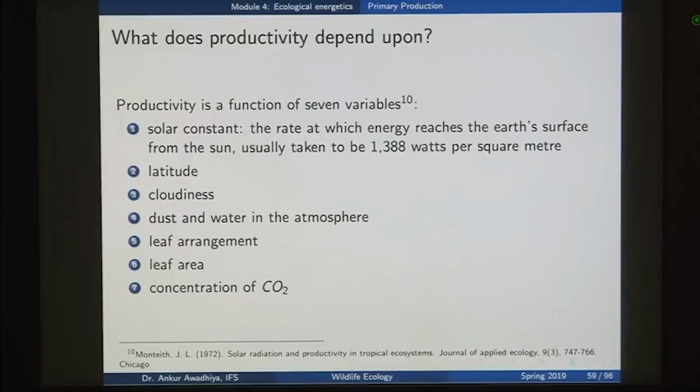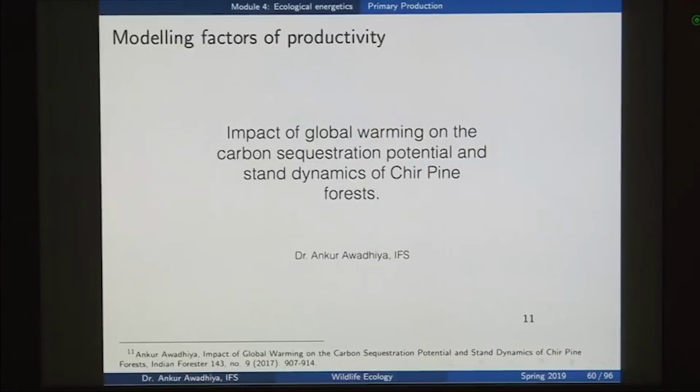The plant needs an arrangement that maximizes the radiation intercepted by the leaves, and it will also depend on the amount of carbon dioxide in the atmosphere, as well as the amount of water available in that area. Now, using all of these different factors, we can model different factors of productivity.